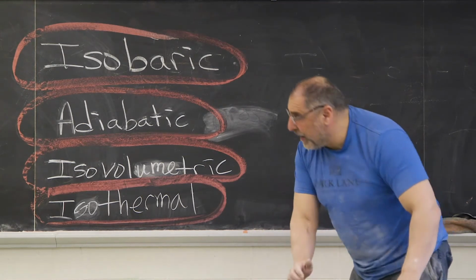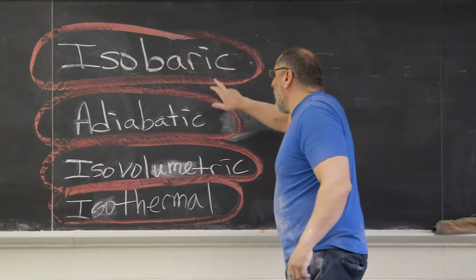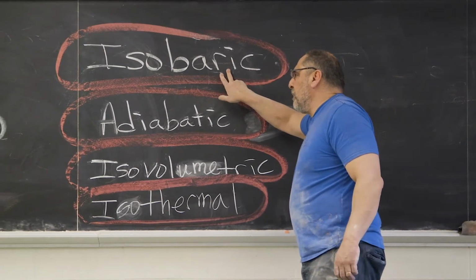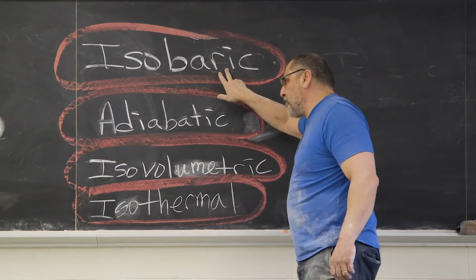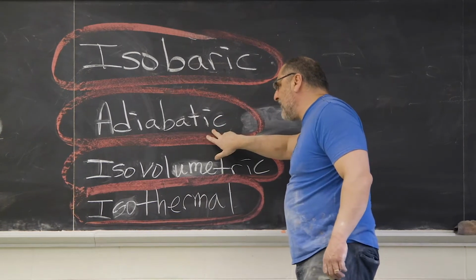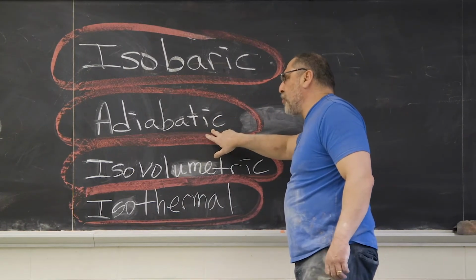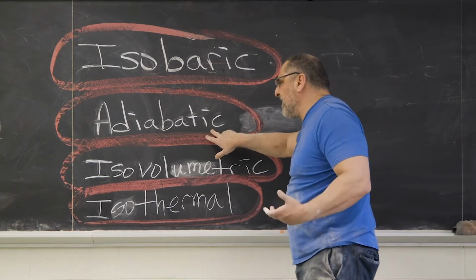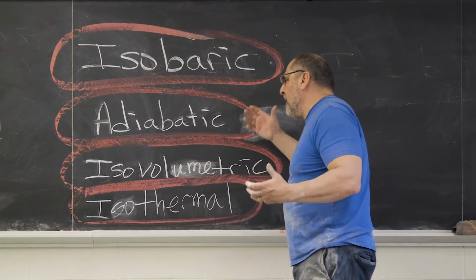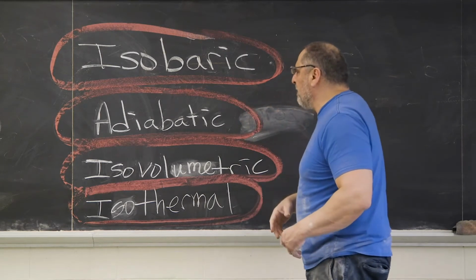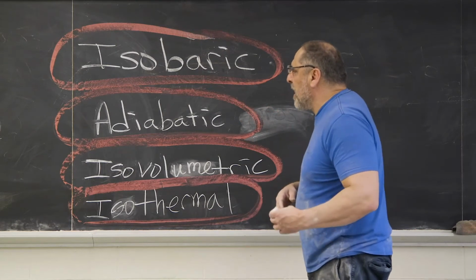But the big takeaway here: an isobaric process takes place at constant pressure. An adiabatic process means there is no heat transfer between the system and the surrounding environment. Nothing comes in from the surrounding environment and nothing leaves the system.